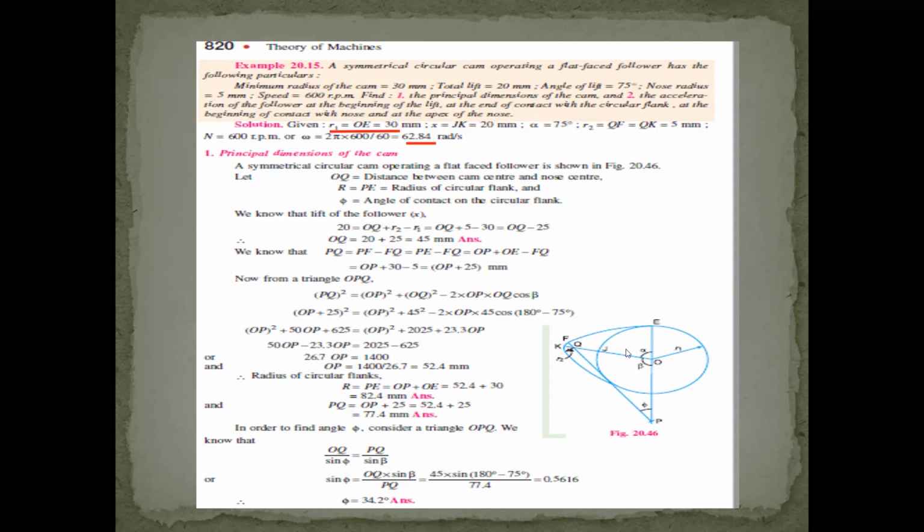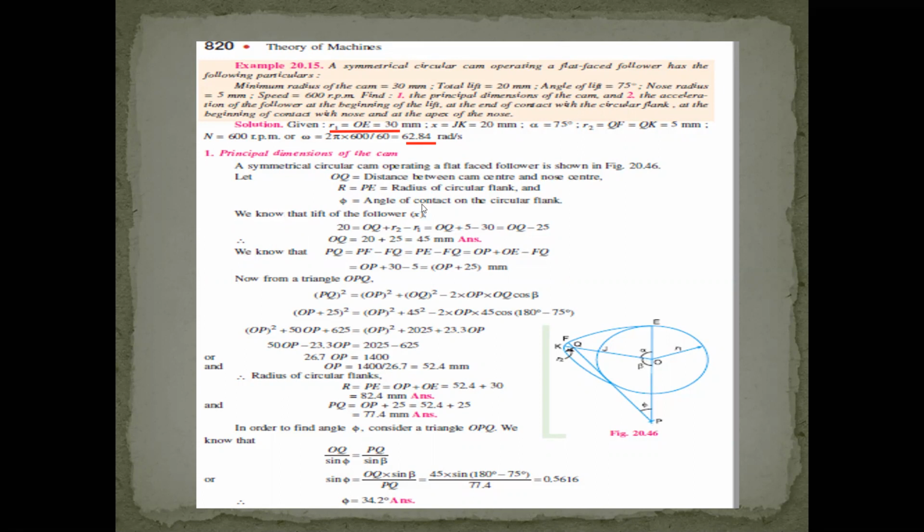And capital R equals PE, for drawing our circular arc. We don't know the value of PE, the radius of the circular flank, and phi equals the angle of contact on the circular flank. Those are the unknowns here.